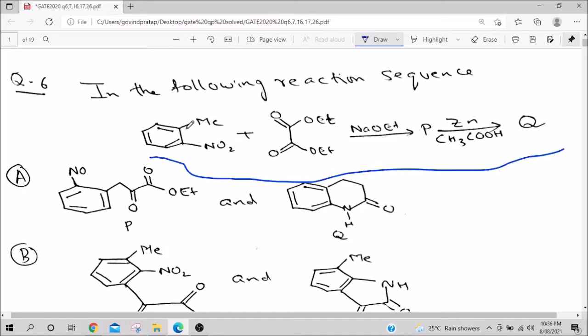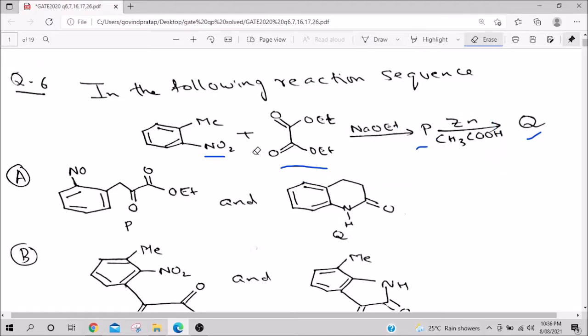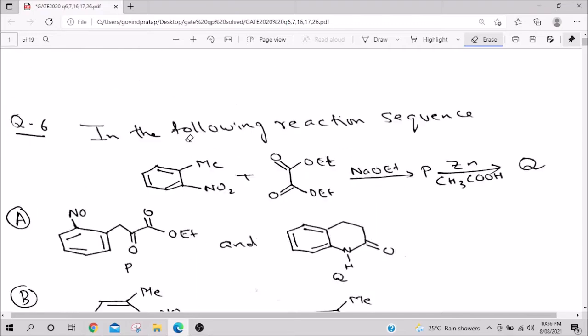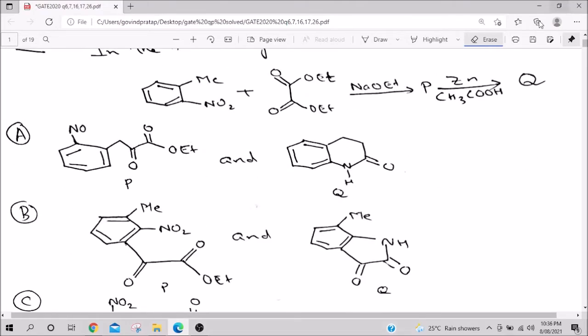You can see here it is orthonitrotoluene, and then you have diethyl oxalate in presence of sodium methoxide, what it gives, and then further followed by reduction in presence of zinc and acetic acid, what is Q. There are various choices, you can see the choices here, A, B, C and D. Let's just look at the solution for P, the choices for P.